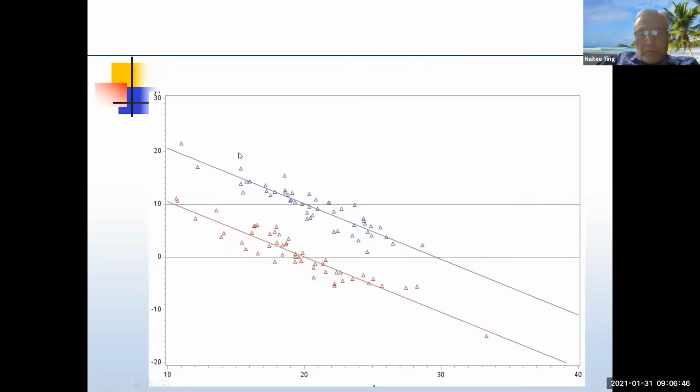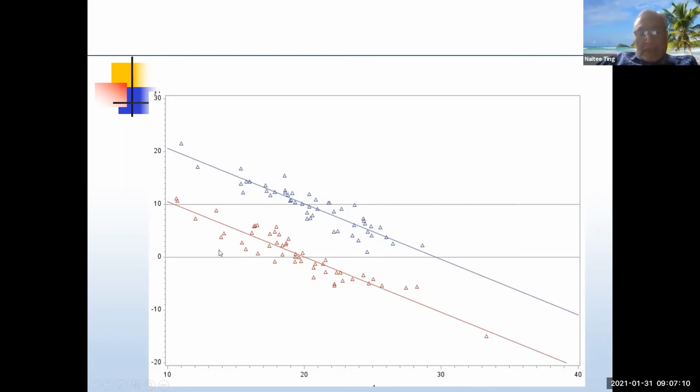Now if you look at all the blue points, the placebo mean is about 10. If you look at all the red points, the test drug mean change is about 0. So the treatment difference is about 10.